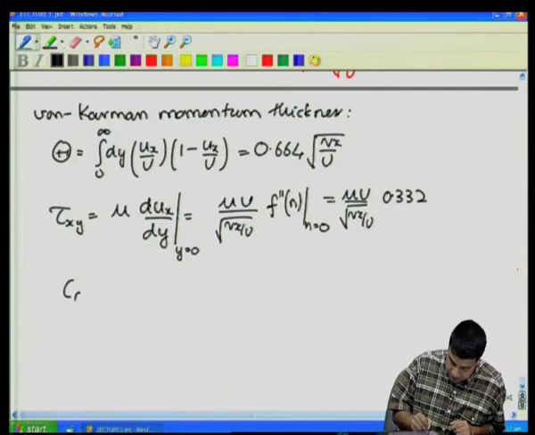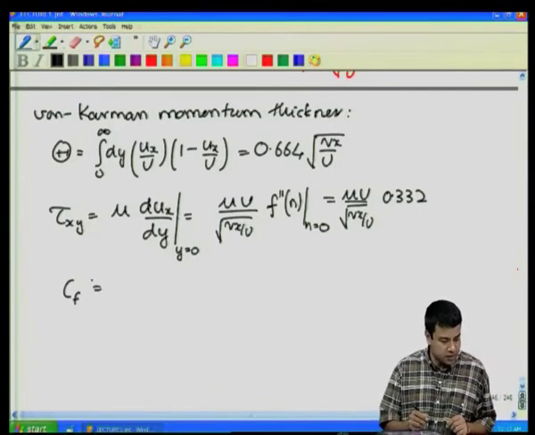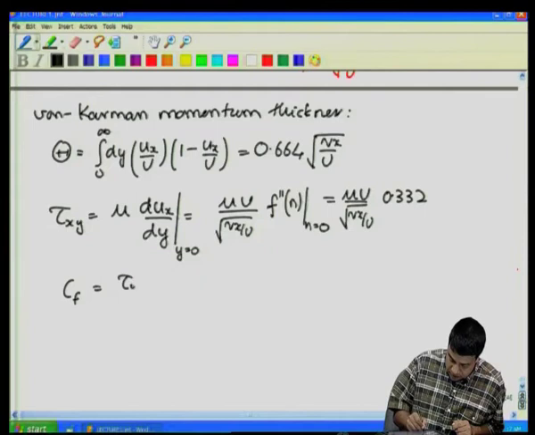The skin friction coefficient is a dimensionless quantity, which is defined as tau w by half rho U square.